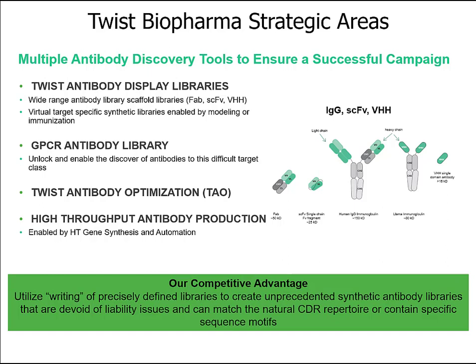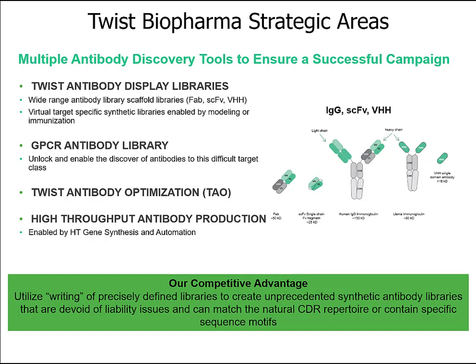The second area we're focused on is that we're creating fully human synthetic libraries that can be used to drug very difficult targets, for example, G protein coupled receptors, which is one of the largest validated classes of targets in pharma and biotech today. Third, we've created a software system coupled with our DNA library technology that we can utilize to help others optimize antibodies for greater potency as well as developability.